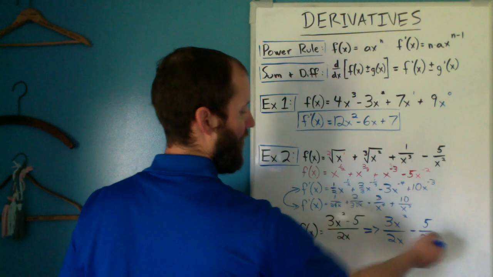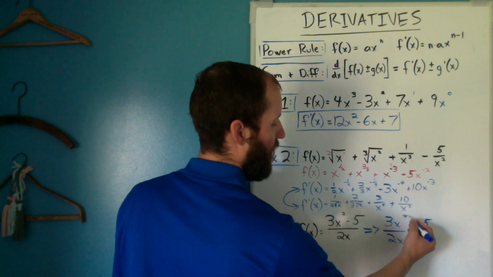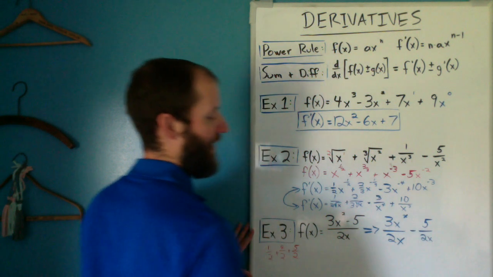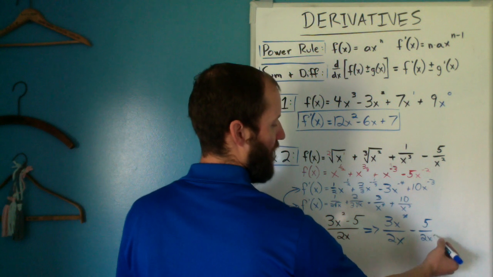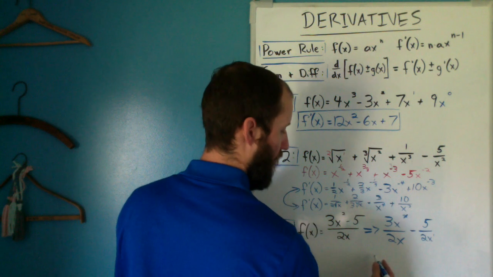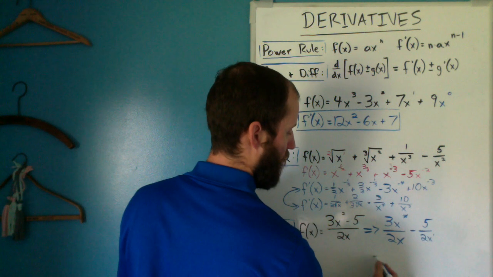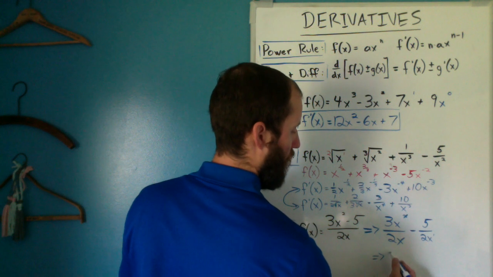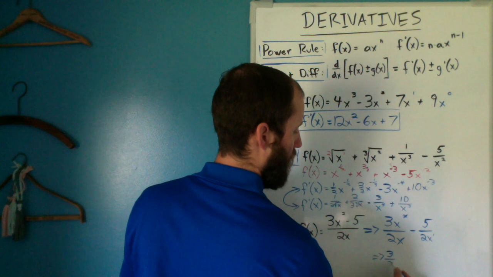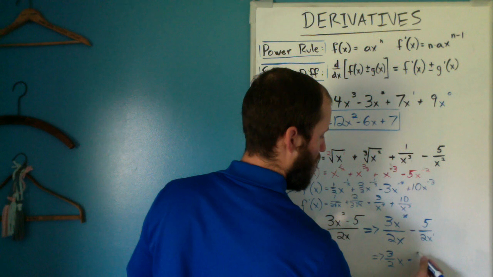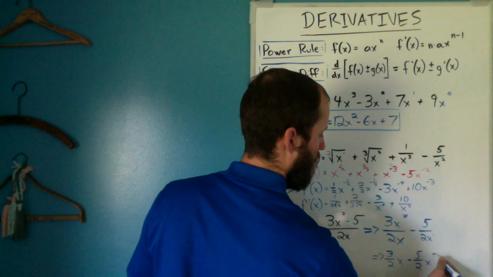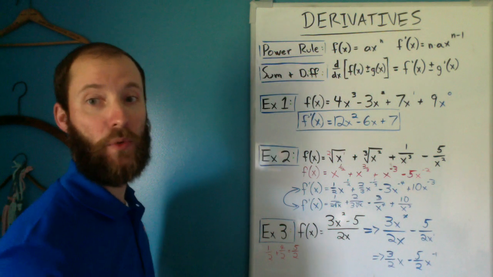We have an x in the denominator we want to take care of. So let's cancel those x's out there. And this x with a positive 1 exponent, let's move it up. So our rewrite would be 3 over 2x minus 5 over 2 x to the negative 1.